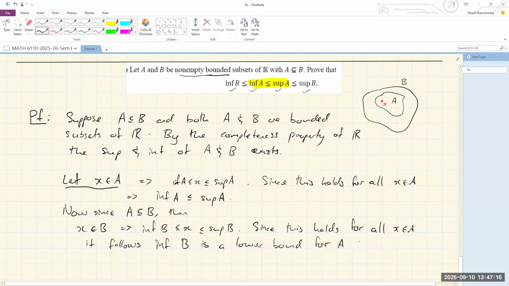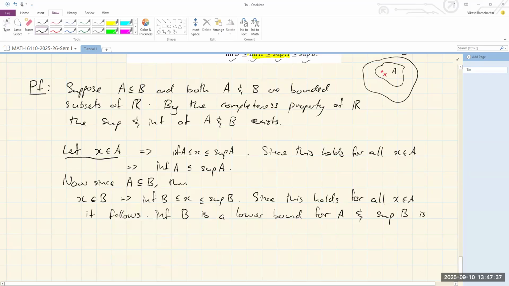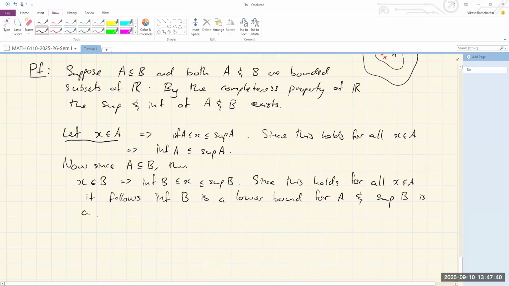And also, since the supremum of B is bigger than or equal to every element in A, this means that the supremum of B must be an upper bound for A. Okay.